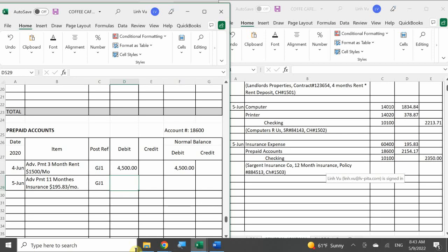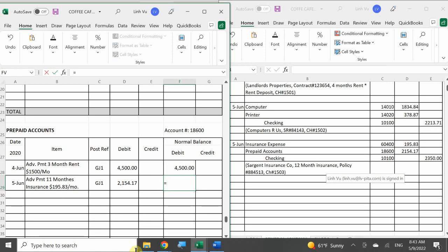And let's see. I got it for 11 months, for $2,154.17. Okay. So I've increased my prepaid accounts here. I started out with 4,500 and I increased it by $2,154.17.